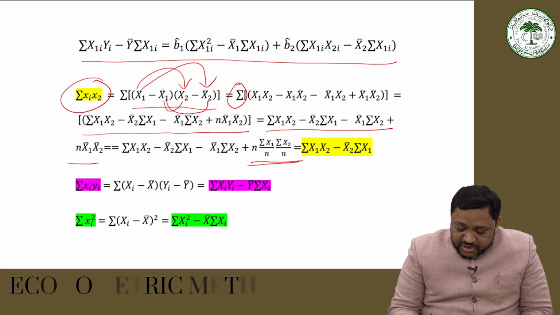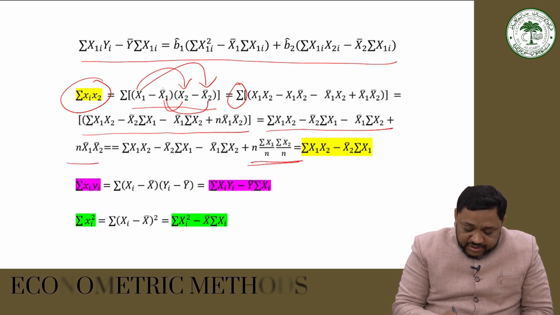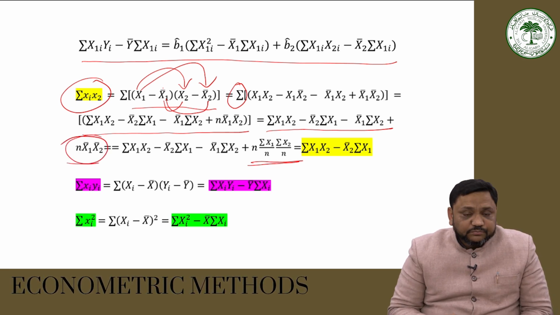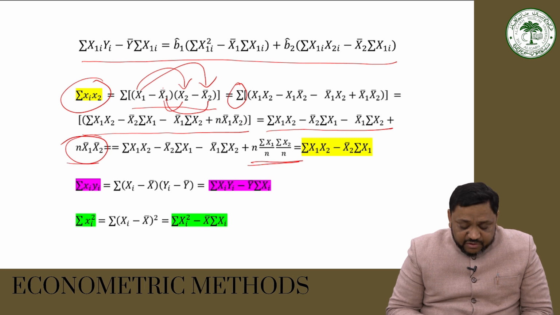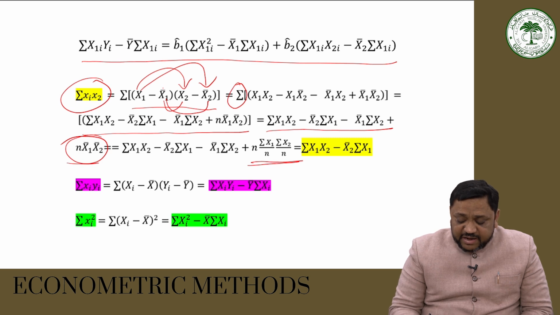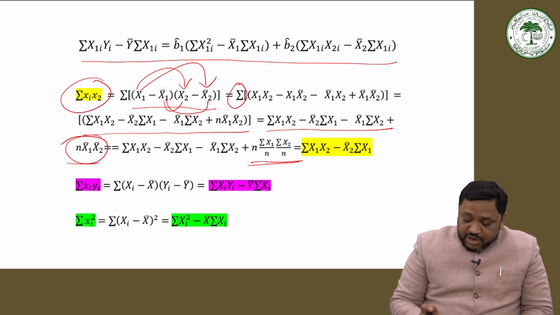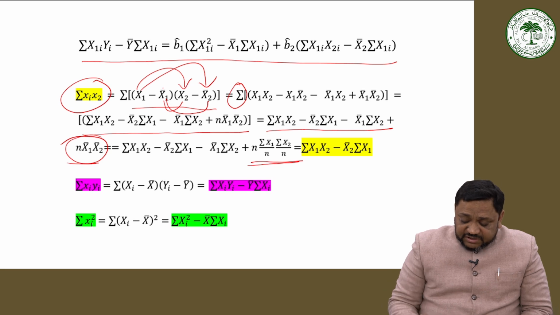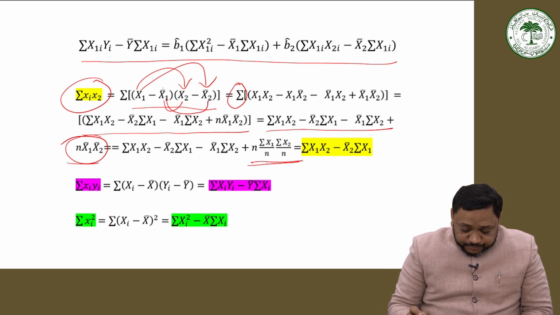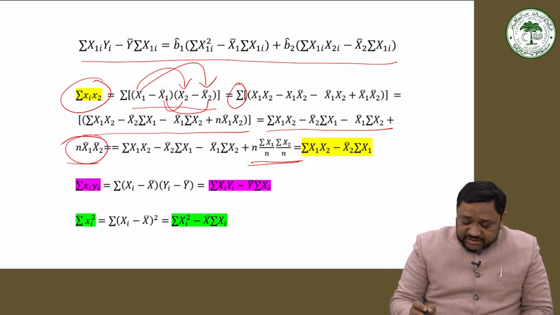So this one over here, n x bar 1 x bar 2, we open up in the form of x bar 1 as summation x1 divided by n and x bar 2 as summation x2 divided by n. So now we will cancel the n terms. This n and this n and this n are cancelled.